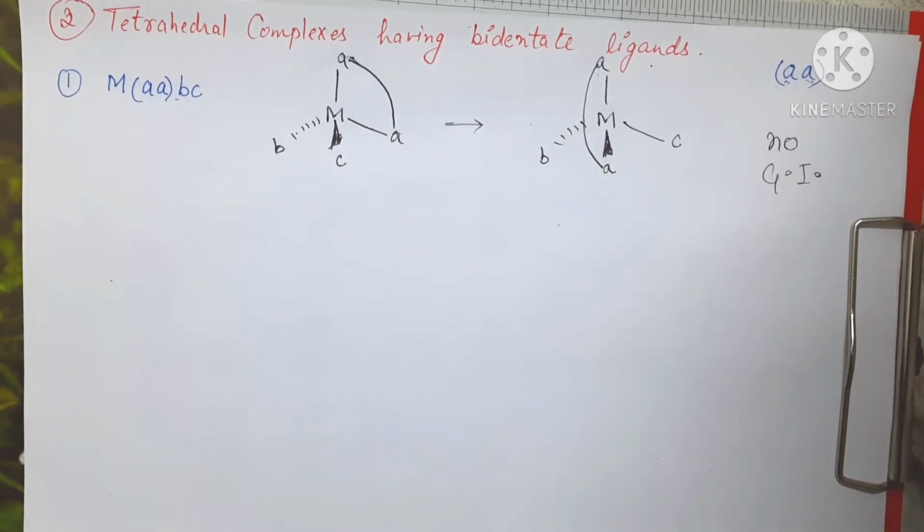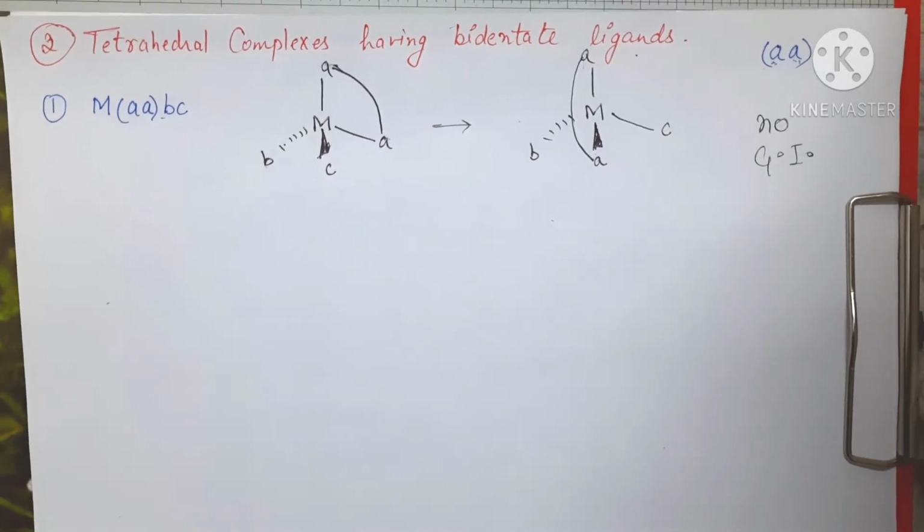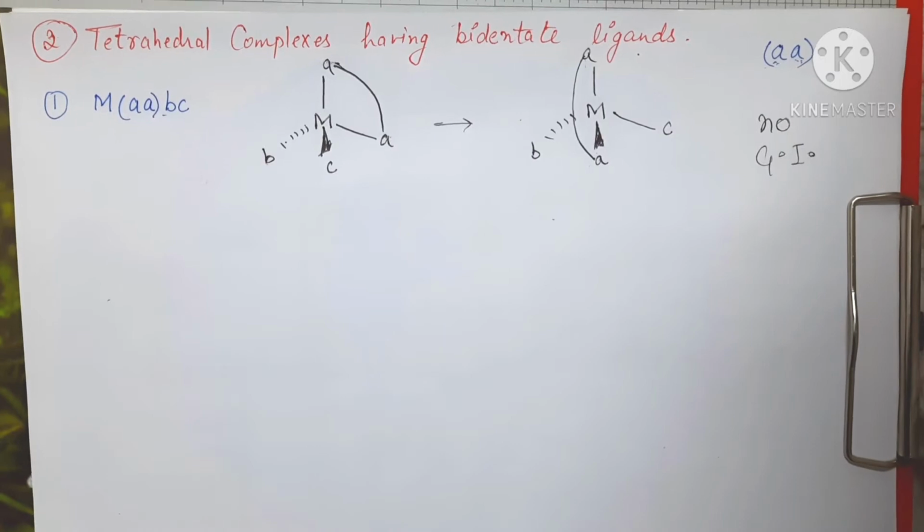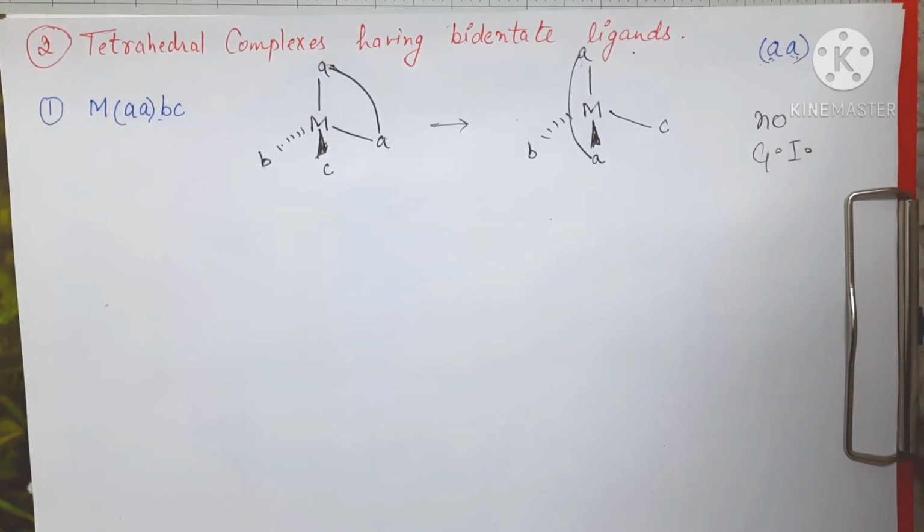Okay, now geometrical isomerism is clear. Now we'll move on to optical isomerism. For optical isomerism you have to look for the plane of symmetry.